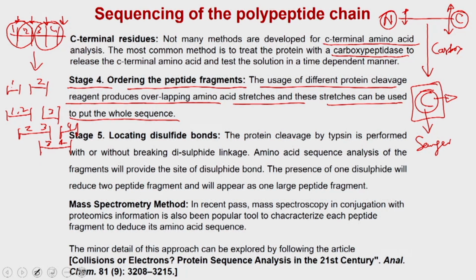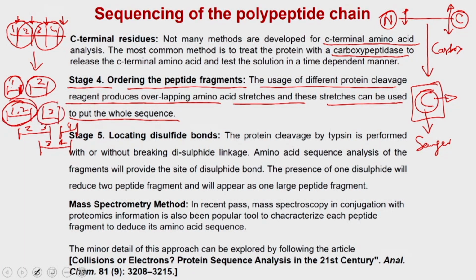But you can see that if I have 1 and 2 separately, and I also have 1 and 2 together, it will not take much time to know that the amino acid at the end of the first peptide fragment and the beginning of the second fragment is the same amino acid, and it will be very easy to put these 2 fragments together.